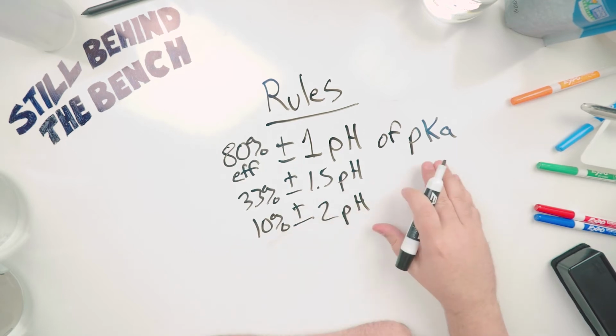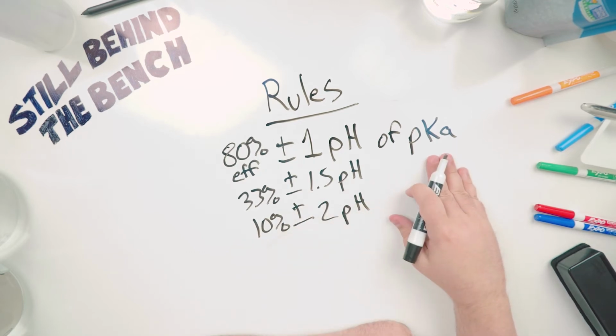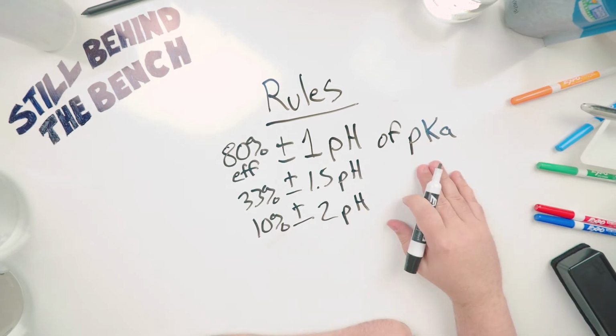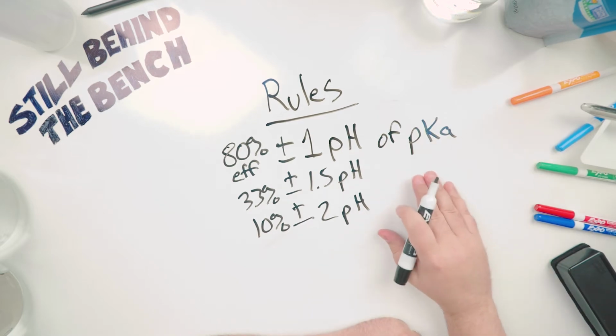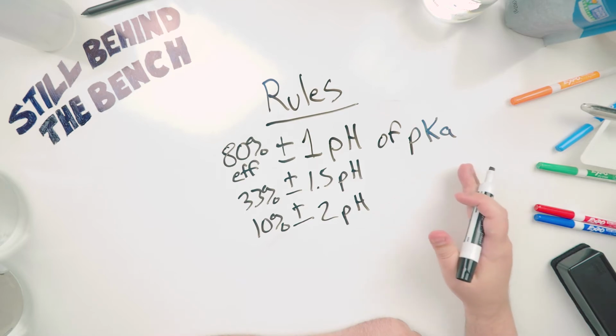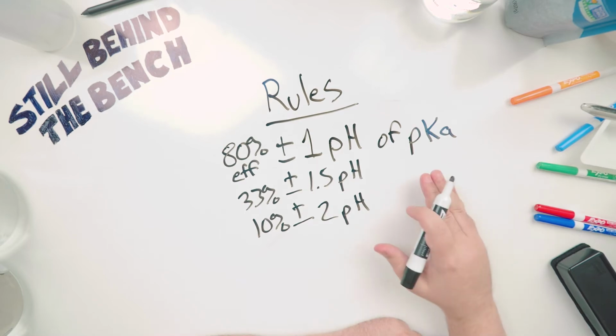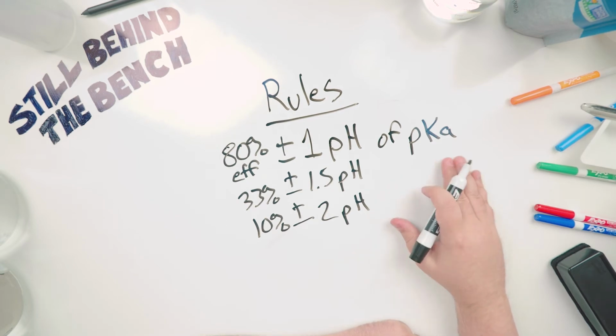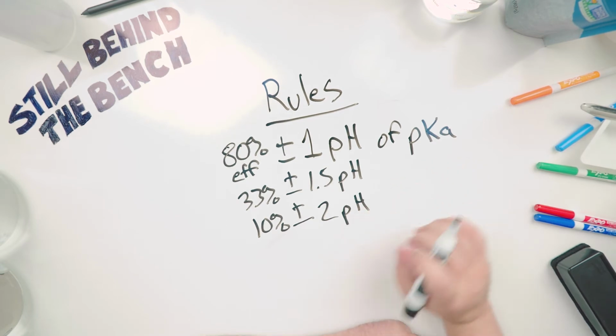When a weak acid has multiple pKa values, like citric acid does, and those different pKa values are all within 2 pH points of each other, which they are with citric acid, you can consider the entire range from the lowest to the highest as the buffer's range. But it's still ideal to choose the pKa closest to your intended pH.